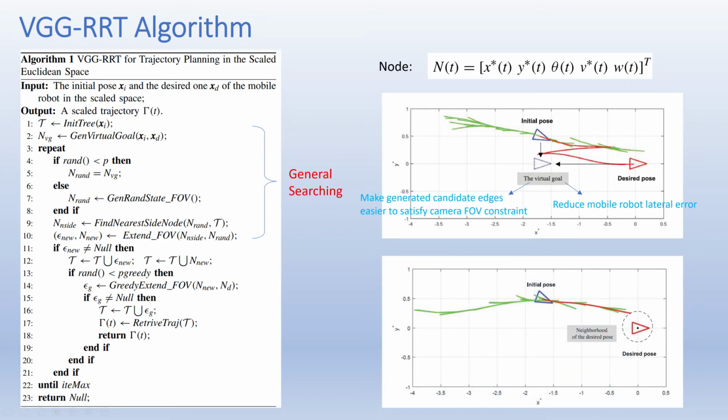And in this way, other processes are somehow the same as the process in the RRT algorithm. It will also detect its nearest nodes from its neighborhoods, which is shown vividly in this picture. All this part is called the general searching part, which is somehow like RRT.